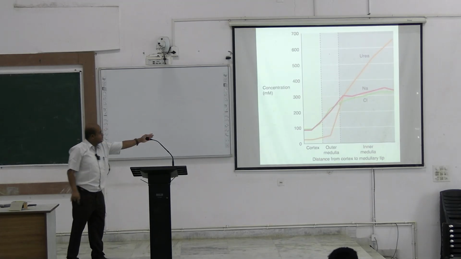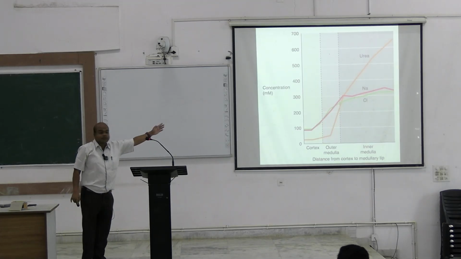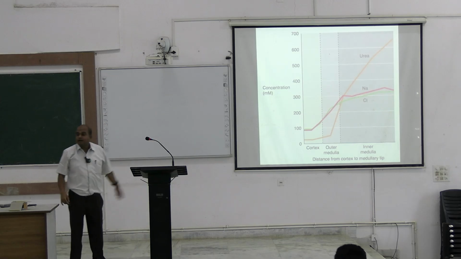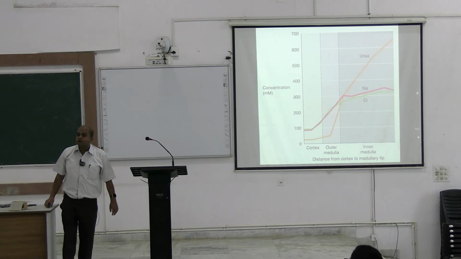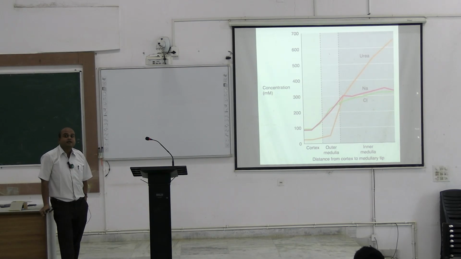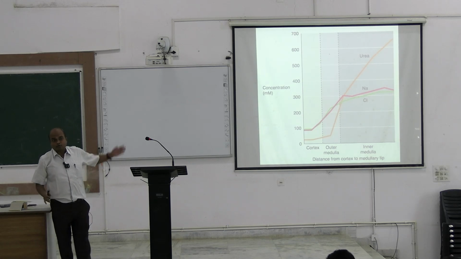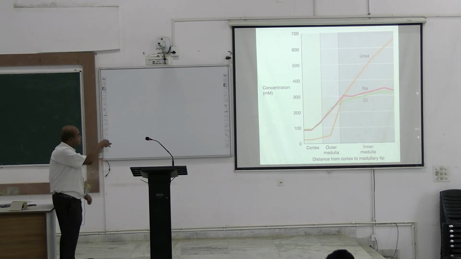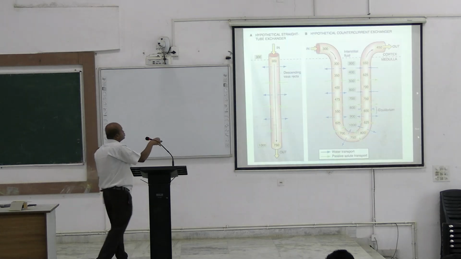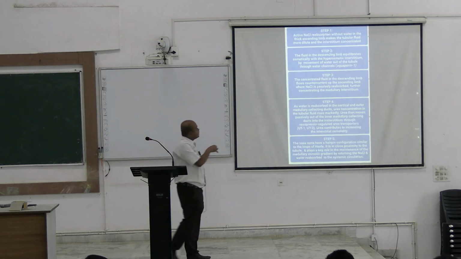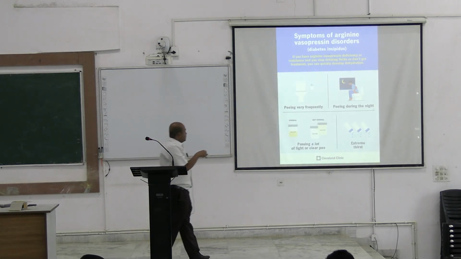From the thin descending limb up to at least the cortical part of the collecting tubule, urea transport is not occurring at all. So the concentration inside the tubule is rising. So the countercurrent multiplier, and the vasa recta are the countercurrent exchanger.